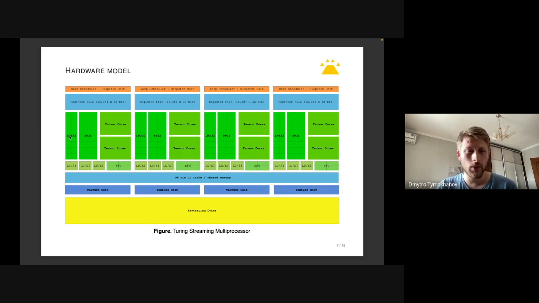So INT32 and FP32 cores are for integers and floats respectively, but we'll detail that more. This is a Turing multiprocessor, and in more recent architectures, more cores are added. It's more complicated, but this is from 2019, I think. I might be wrong.